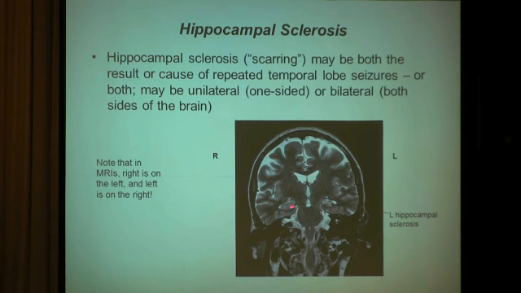And right here, here's the hippocampus. It's tucked under in the temporal lobe. Here's the hippocampus on this side, which looks pretty normal. This is the left hippocampus, and we can tell by the way it looks, it's shrunken, and those clumps in there, it's scarred. So this is called hippocampal sclerosis. There's no coming back from it.